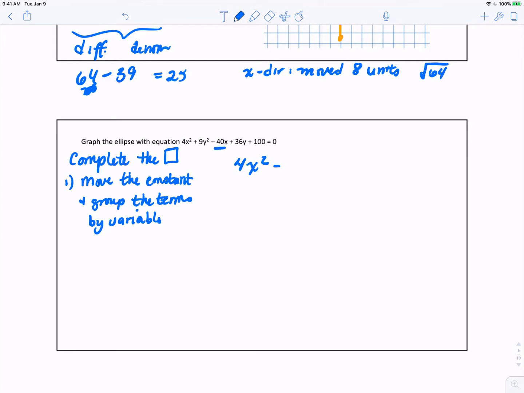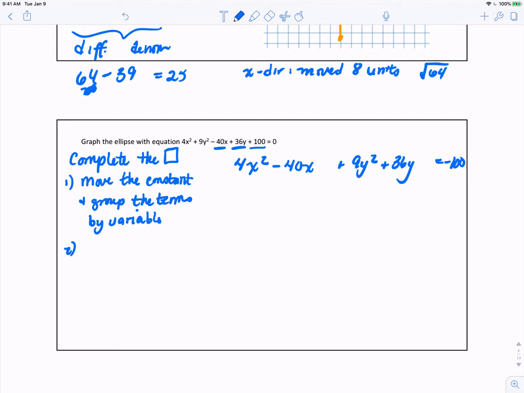The next thing we're going to put is negative 40x. Then we have 9y squared. And the next thing we're going to put is positive 36y. So we've grouped the terms by variable. And to move the constant, we would subtract 100 from each side. And so our equation would look like this.